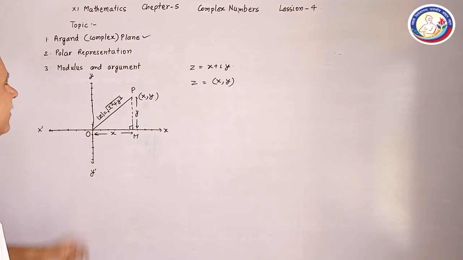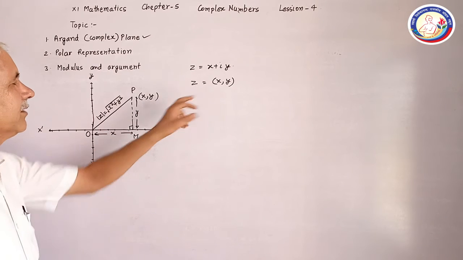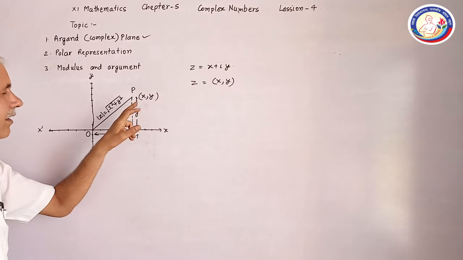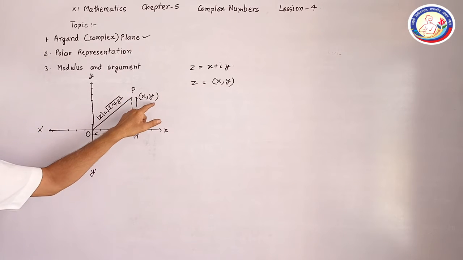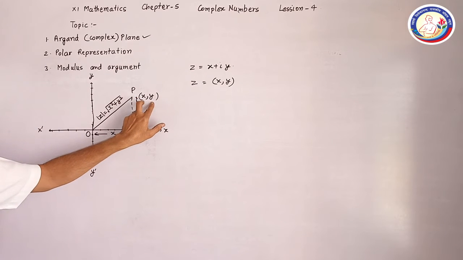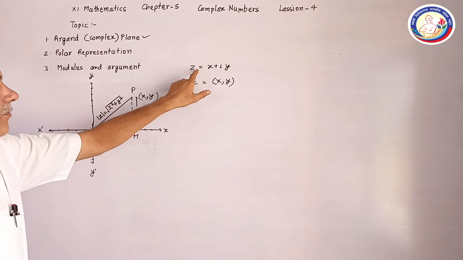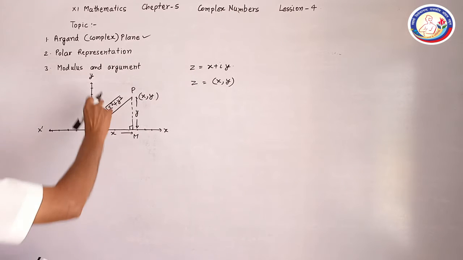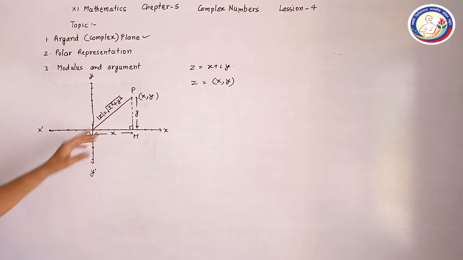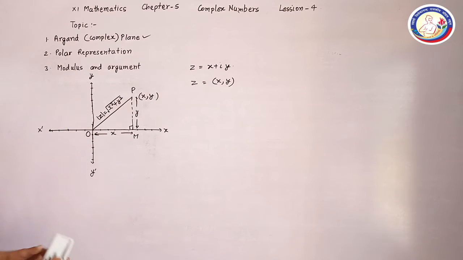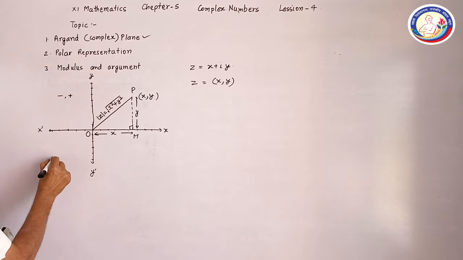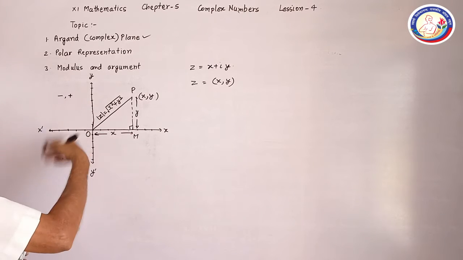So in a plane, each complex number can be represented by a unique ordered pair. If x and y both are positive for the complex number z, then this will be in this quadrant. Now, if x is negative and y is positive, it will be here, and if both are negative, then this will be here in this part.